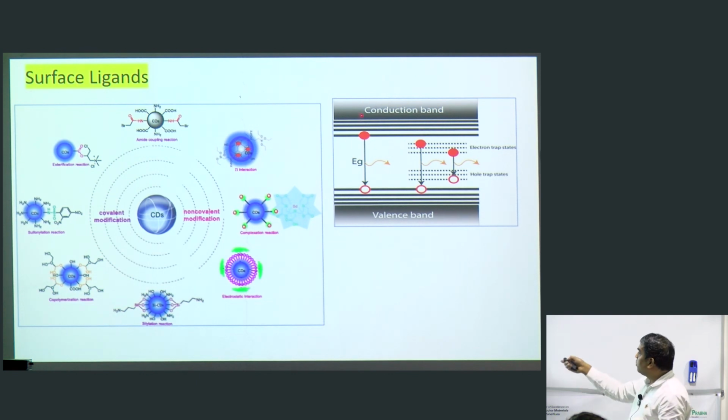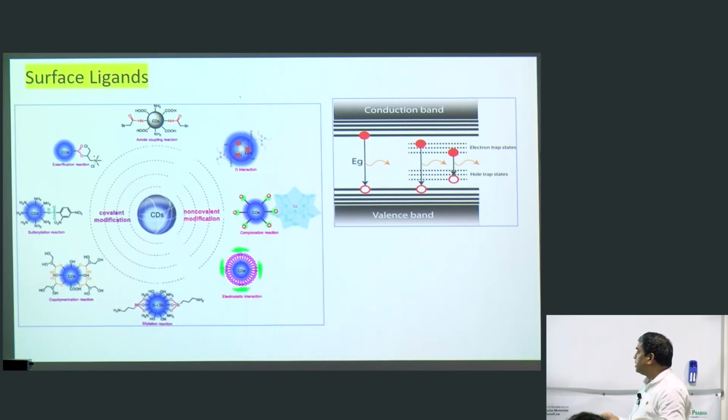At the same time, not only the electron, the hole also could be trapped, and this could be a deep trap or a shallow trap. Depending on the time scale of those trap states, you will have different types of dynamics, and that tunes the optical properties of these materials.